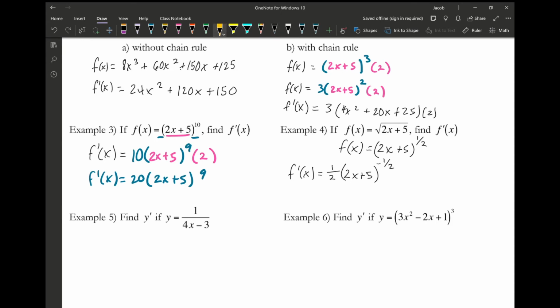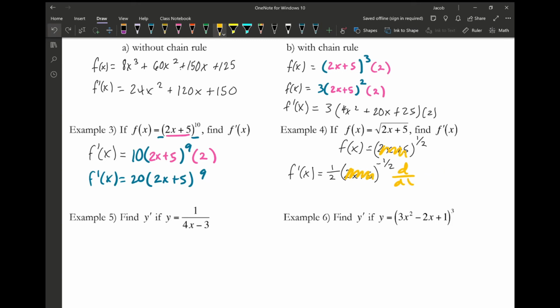Because if this were, yellow scribble, what's the derivative of yellow scribble to the 1/2? You would say that's 1/2 yellow scribble to the negative 1/2. But because we have something specific, we'll use that. And let's just say we keep it yellow scribble on the inside. This would be the derivative of yellow scribble on the outside, because that's the derivative of the inside.